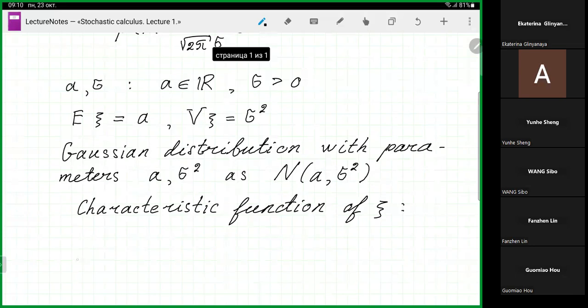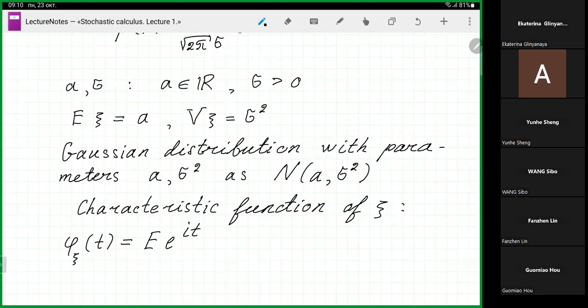This is the expectation of the exponent e to the i t psi, and now it also can be easily calculated. It is equal to e to the i t a minus t squared sigma squared over 2. So this is the characteristic function of a Gaussian random variable.